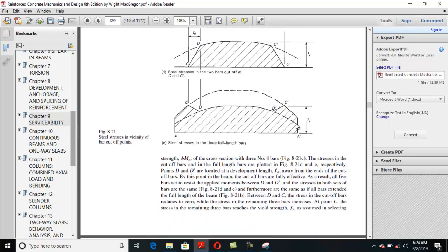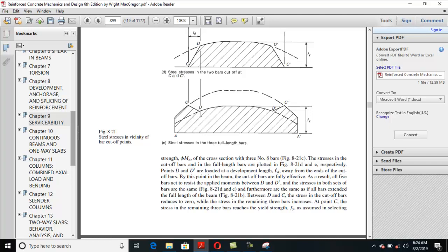This dotted line is for 5 number 8 bars, and once you cut your bars, your moment diagram is there.